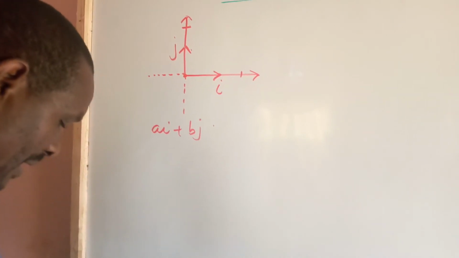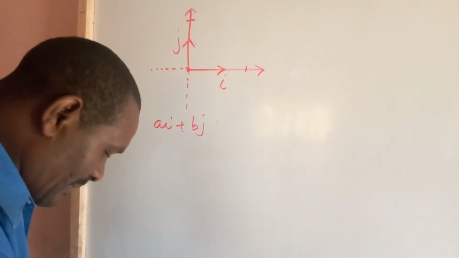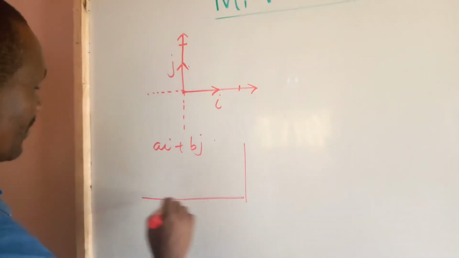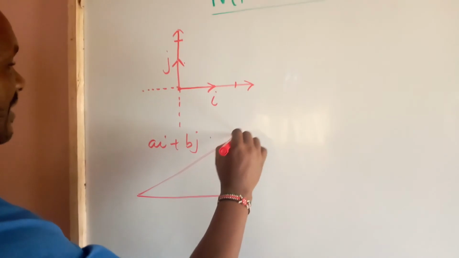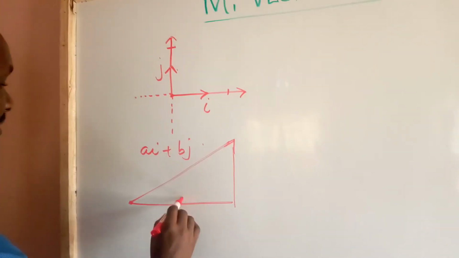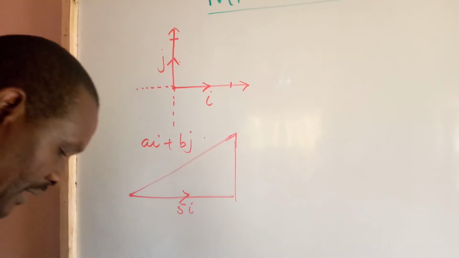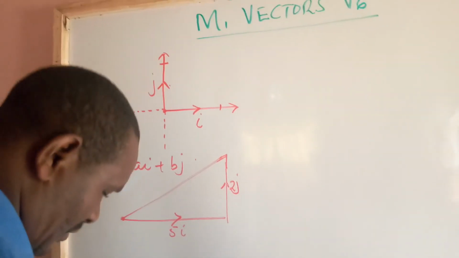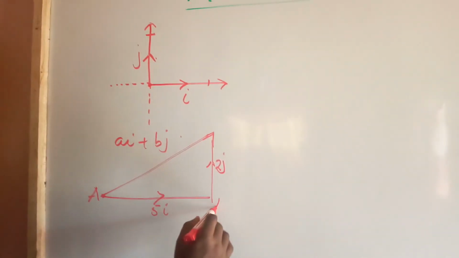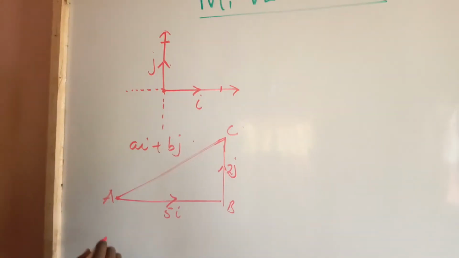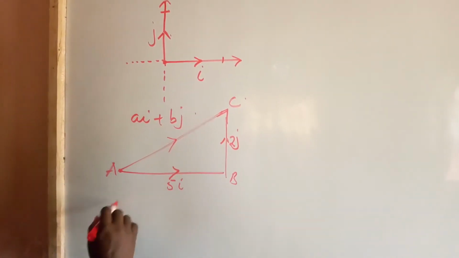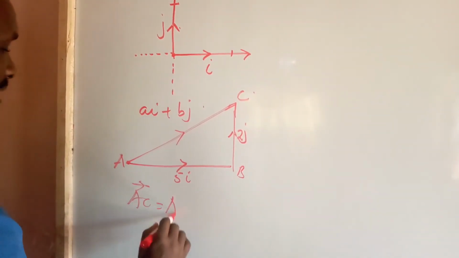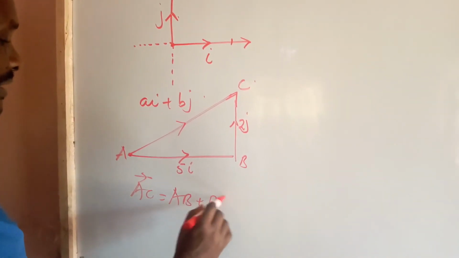For example, if you have a diagram or vector arrangement of this nature, where this is 5i and this is 2j, and this is point A, point B, point C, then we can conclude and say that vector AC is given by AB plus BC.